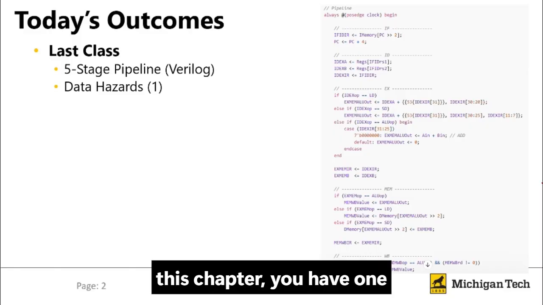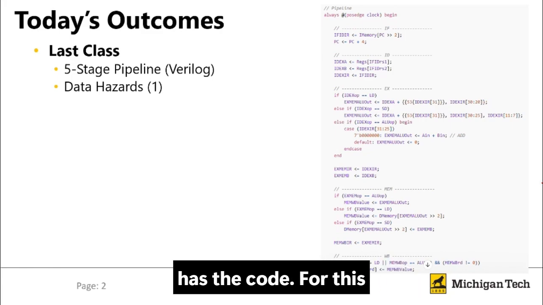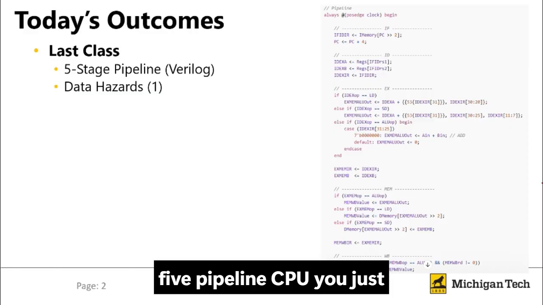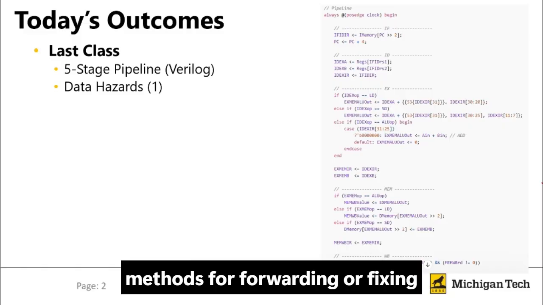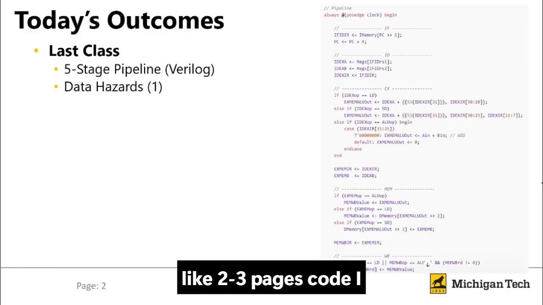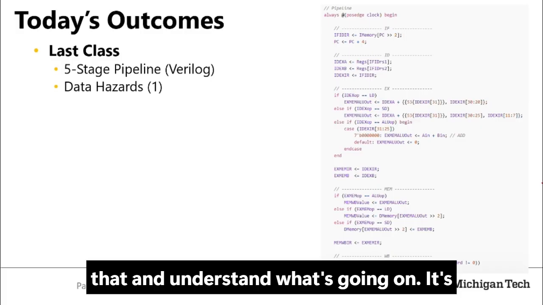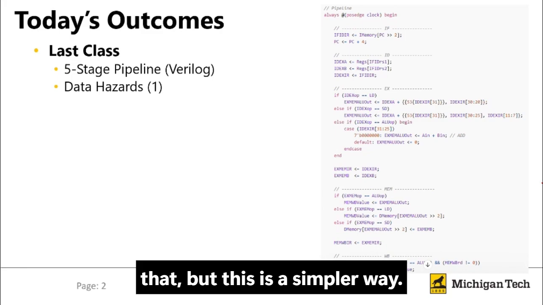End of this chapter, you have an appendix that actually has the code for RISC-V pipeline CPU. You just can take it and use it. It also has some methods for forwarding or fixing control hazards in that. Just like 2-3 pages code. I might ask you to run that and understand what's going on. It's very simple. This is exactly similar to that, but this is a simpler way.